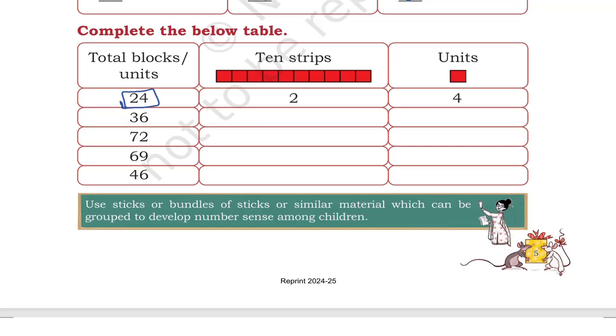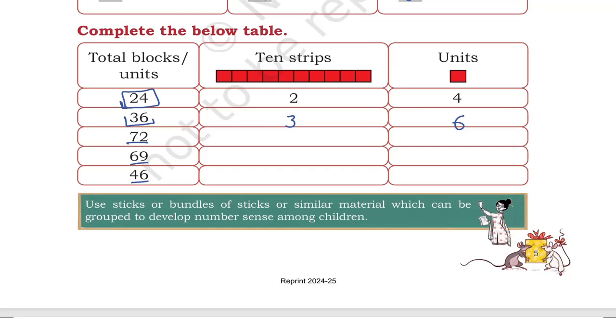Pretty simple and straightforward question. In 36, how many strips can we have? We can have 3 strips of 10 units each and 6 units as the loose units. 72. Now you give me the answer for each of these.